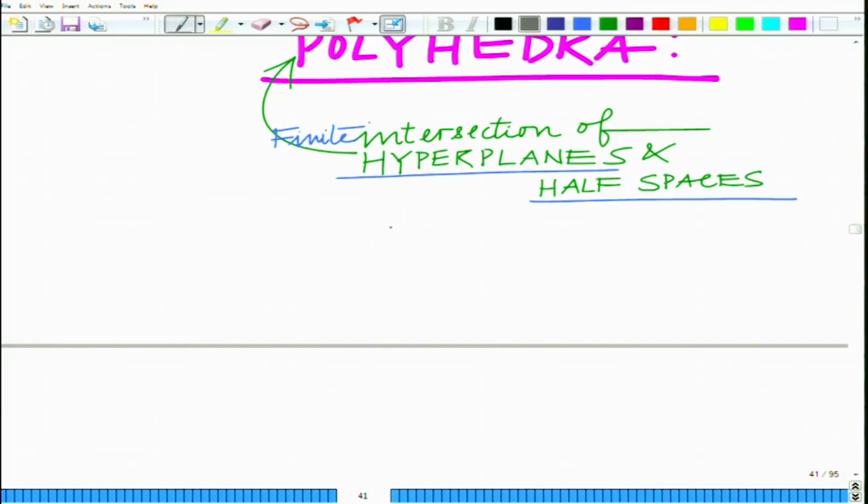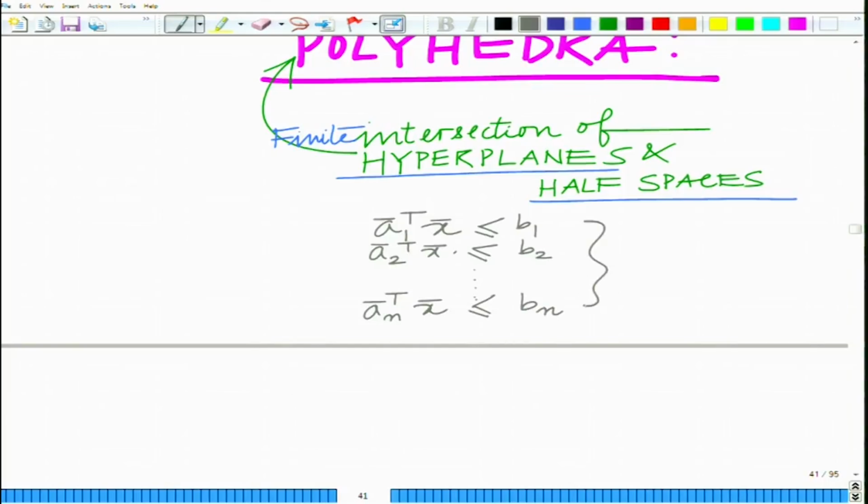So, for instance, we have seen that the half spaces can be represented as follows: A1 bar transpose x bar less than or equal to B1, A2 bar transpose x bar less than or equal to B2, and so on, An bar transpose x bar less than or equal to Bn.